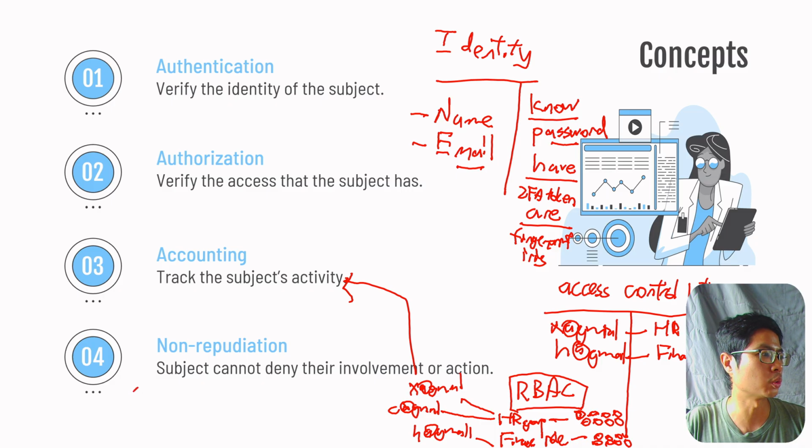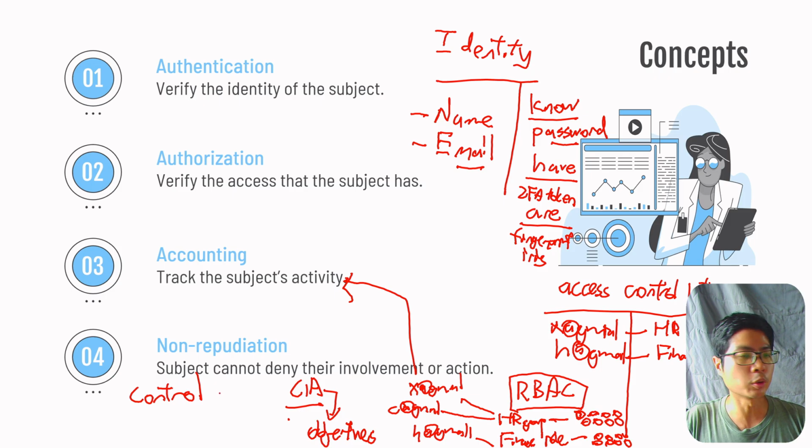And if we tie it back to what we looked at in the previous session, which is CIA, the objectives of information security, how do we tie these controls back to the objectives? The simple way of looking at it is that controls help to enforce or maintain CIA.